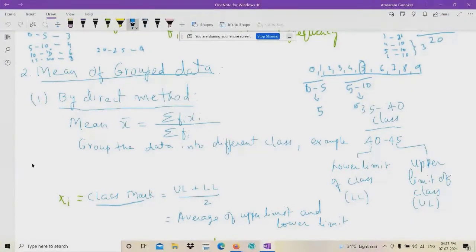For example, in the marks there is 5 to 10. This is called the lower limit of the class. This is called the class, and this is the upper limit of this class. And the class mark xi is the average of the lower limit and upper limit.